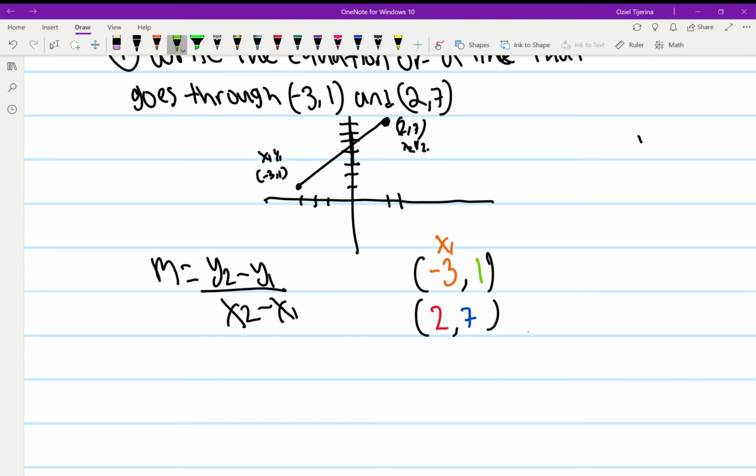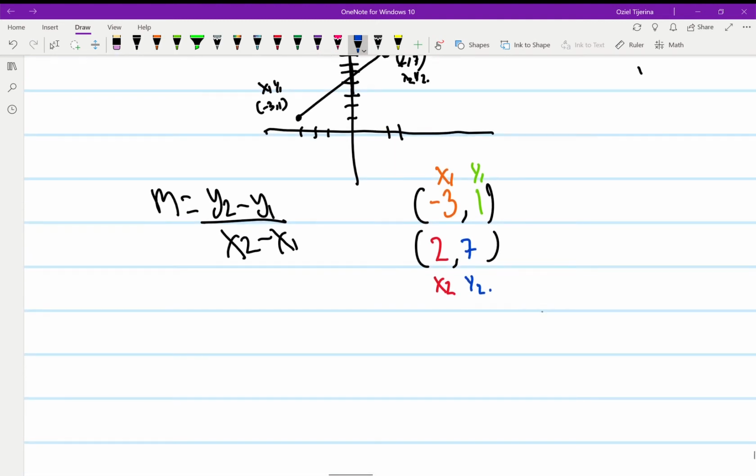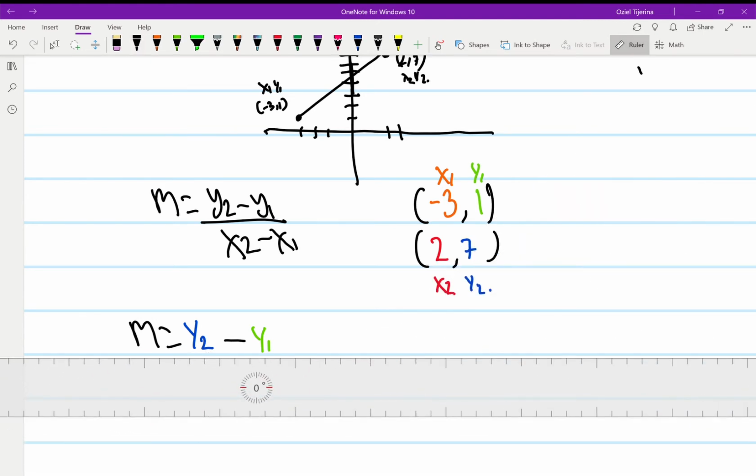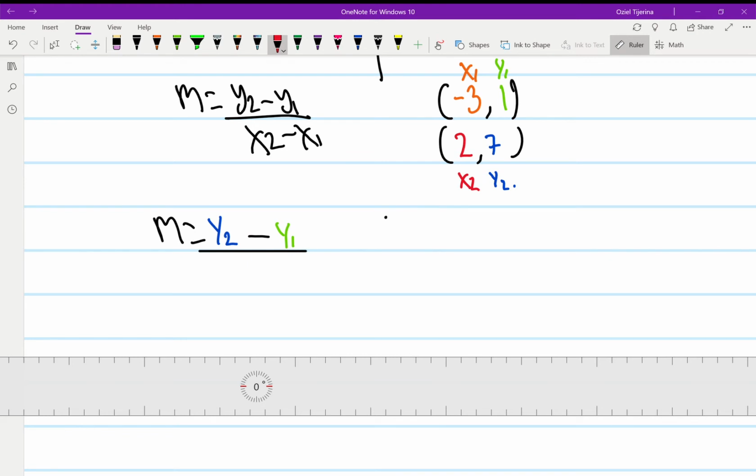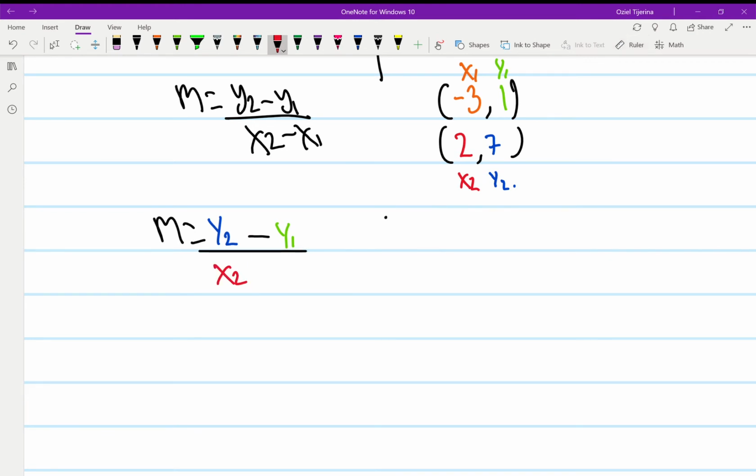So if we color code it, we have m equals, and we're going to fill it in with the color coding. So y2 minus y1, over x2 minus x1, okay?